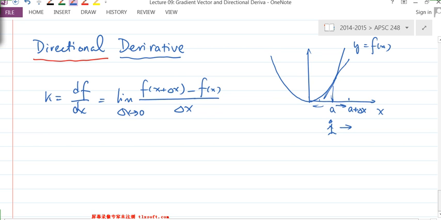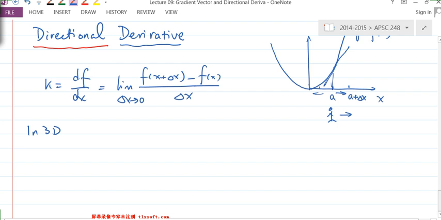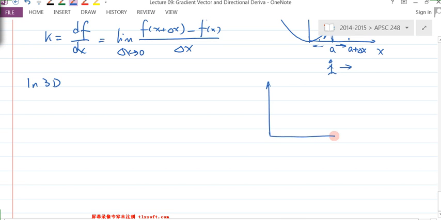So now let me extend this to the 3D concept. Let's see in 3D. I'm going to draw some arbitrary surface here.